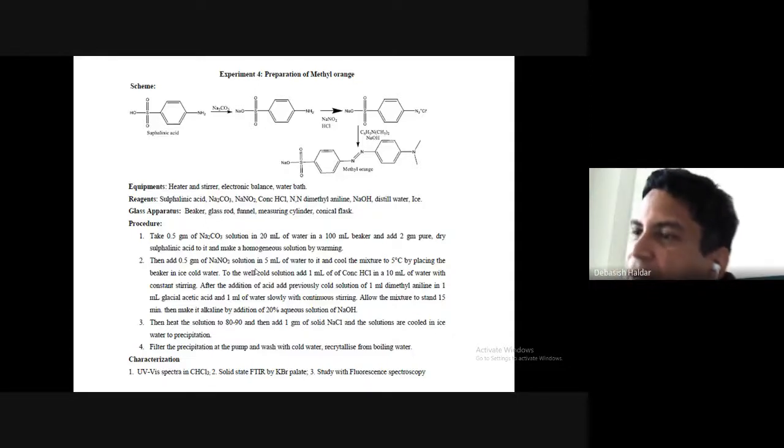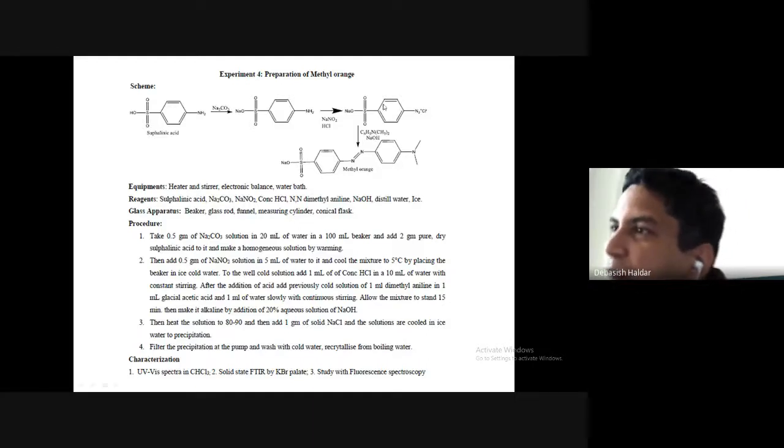Then in our solution we have methyl orange, but now as a sodium salt, so it will be soluble in that solution. We need to precipitate it out. For that purpose, we will heat the reaction mixture to 80 to 90 degrees centigrade for a few minutes, and then add 1 gram of sodium chloride.